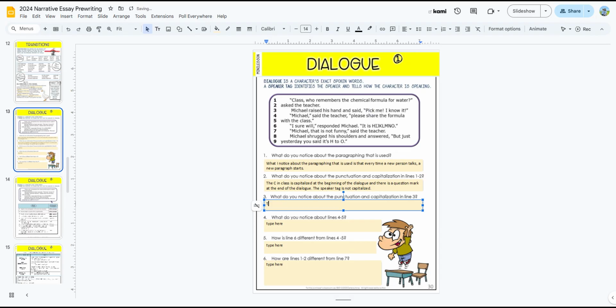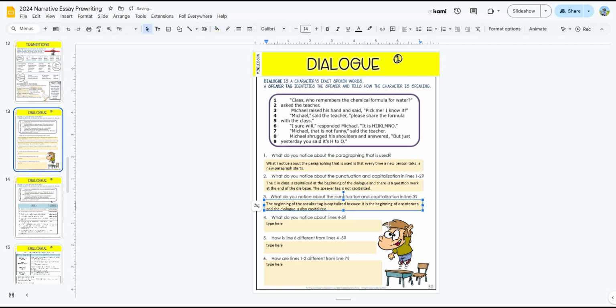So the beginning of the speaker tag is capitalized because it is the beginning of a sentence, and the dialogue is also capitalized.